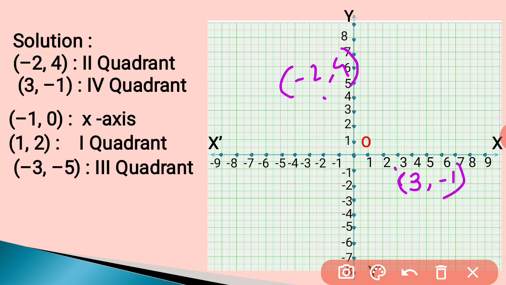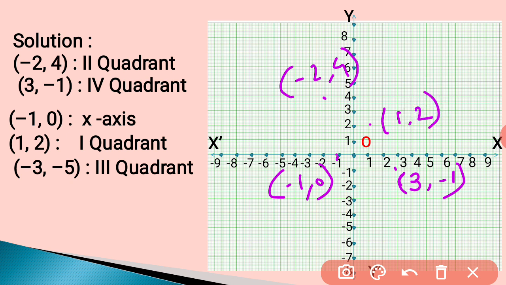Then it is -1, 0. -1 on the x-axis. So it lies here. It is -1, 0. Then we have 1, 2. Both positive, so it lies here. It is 1, 2. It is in the first quadrant.